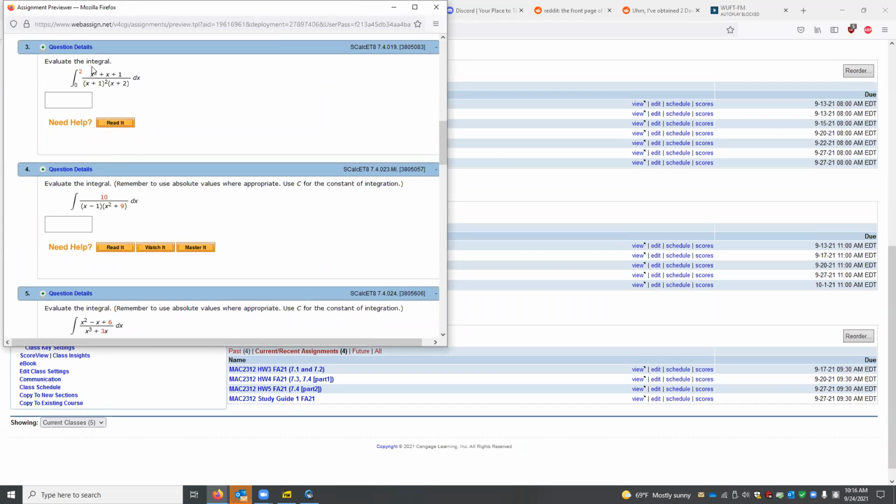Okay, we want to evaluate this integral. Just 1 minute to write it down.